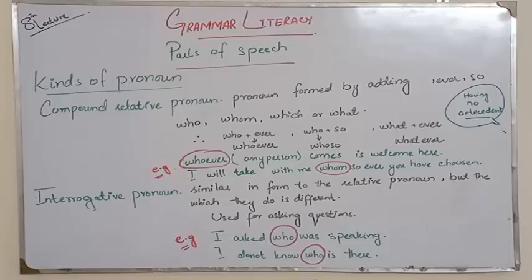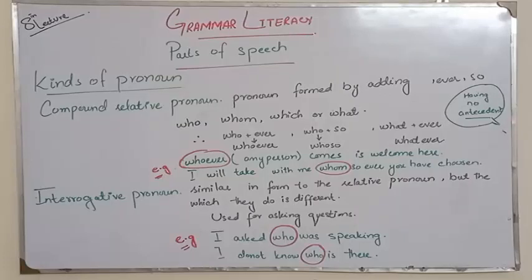It is talking in general, but we have some compound pronouns formed by the combination of two words, that is who plus ever, who plus so, what plus ever, that is whoever, whoso, and whatever.